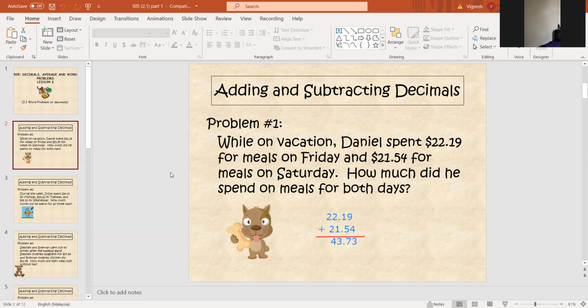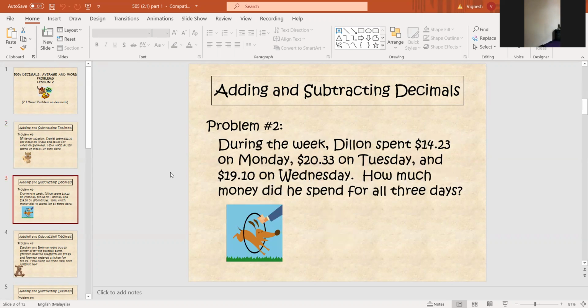The answer is 43.73. Very good. Correct. So how much did he spend on meals for both days, Friday and Saturday, is 43.73. Okay, very good. So you can remove your answer. Thank you, Daniel.